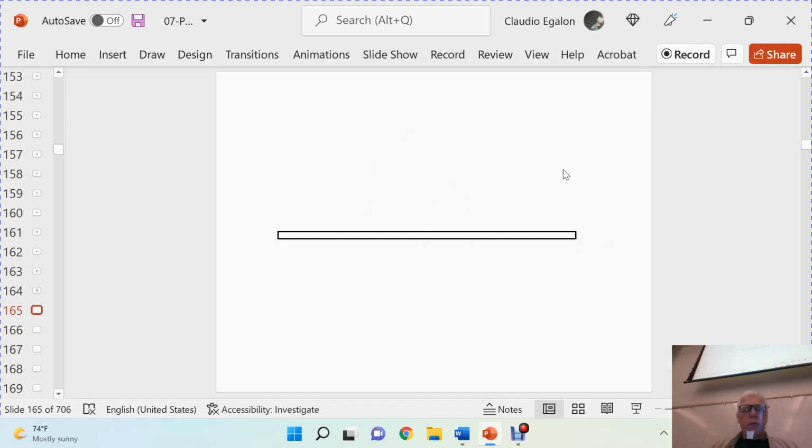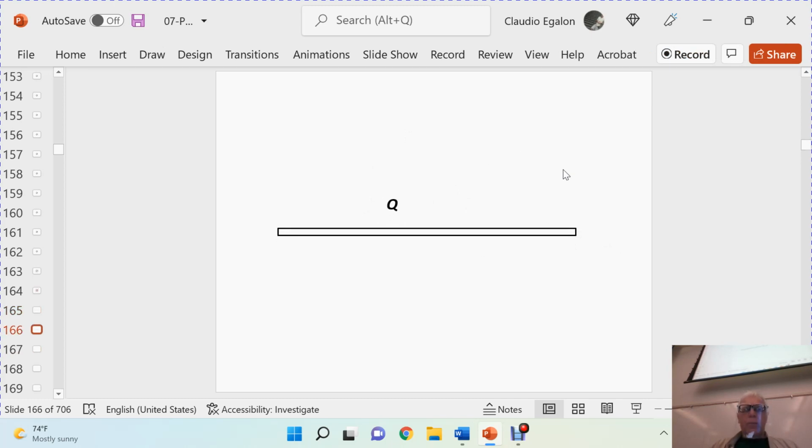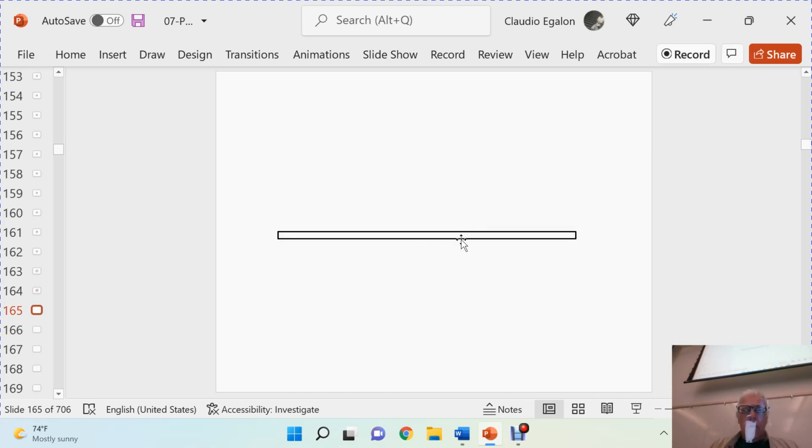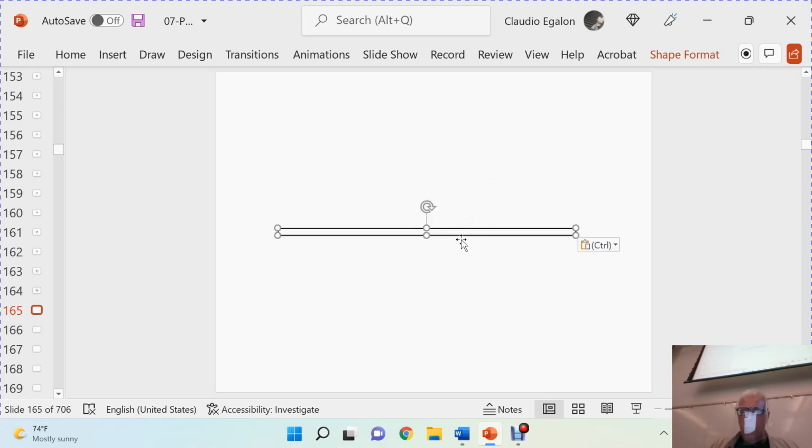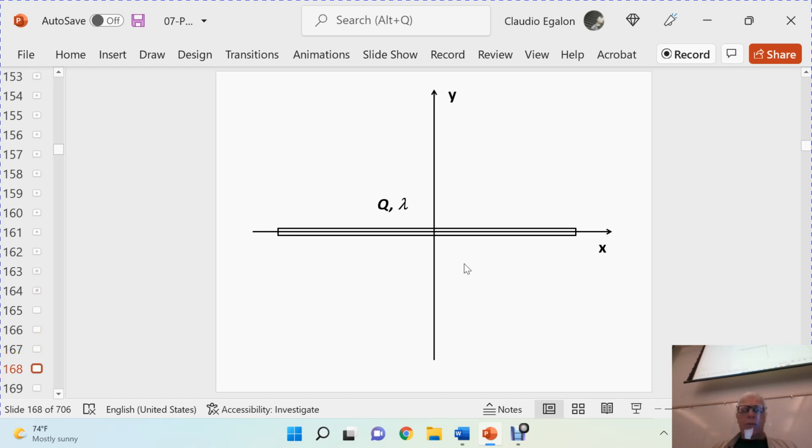You start with the rod first. Put a label of charge Q on the rod. Don't forget that the rod also has uniform charge density, that I call lambda, and has an x-axis and a y-axis.